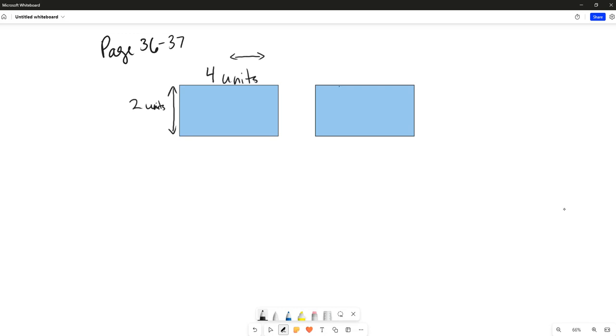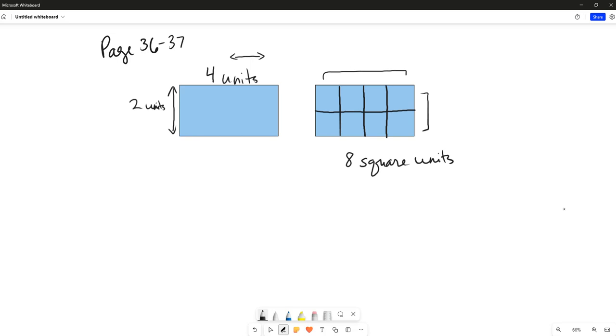So we'd use 3 lines to do that, and they would all be evenly spaced. They'd be parallel lines. And then we'd break this into parts. So you can see the 4 units across and the 2 units up. So it takes a total of 8 squares to fill this rectangle. Therefore, the area of the rectangle is 8 square units.